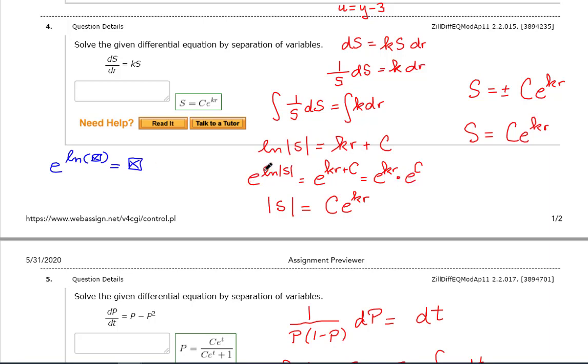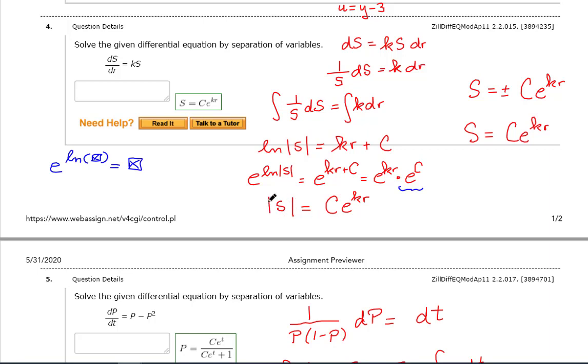So e to the ln absolute value of s is the absolute value of s. E to the item on the right. Well, the trick here is e to the kr plus c is writable as a product. And then I just collapse this e to the c as a generic constant in the front.